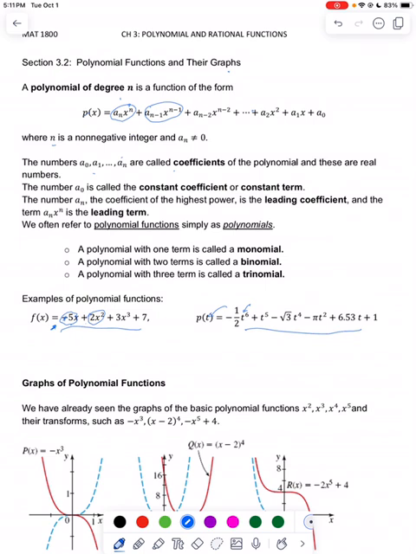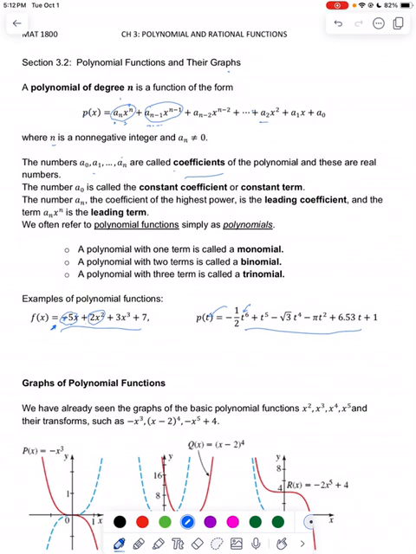And so what are these a's? a sub n, a sub n minus 1, and so on. These are called coefficients of the polynomial, basically the coefficient of each term. So this a sub n is the coefficient of the term with the variable x to the n. a sub n minus 1 is the coefficient of x to the n minus 1, and so on.